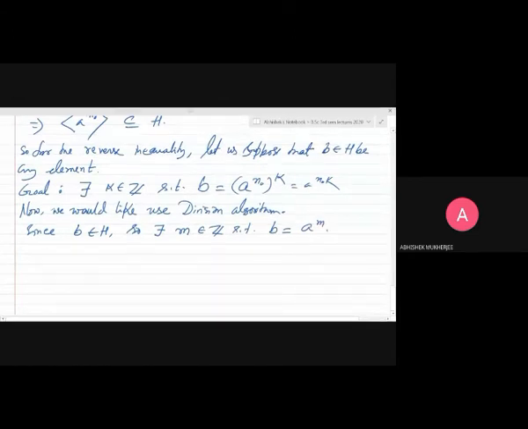Okay, but we will prove that b will take the form a to the power n naught k by using the division algorithm.